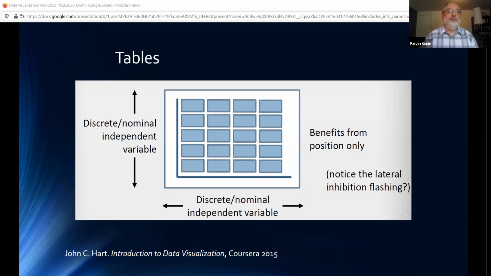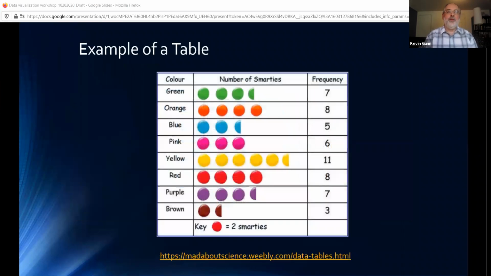Do I want to have those dots in there, or maybe I need to spread my cells in my table further apart? That's just a quick example of human perception impacting what you're looking at. Here's an example of a table, how many Smarties are in a box. You can break it out through numbers, colors, and then the frequency listed here.